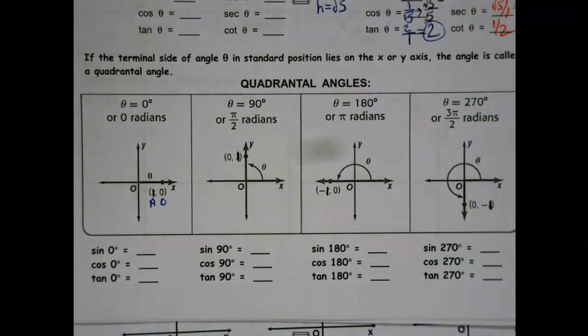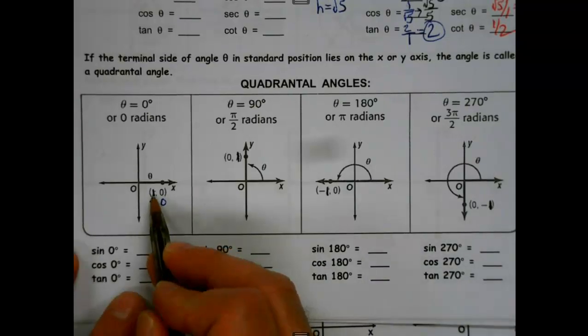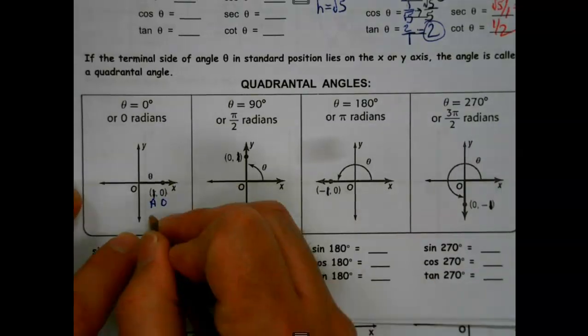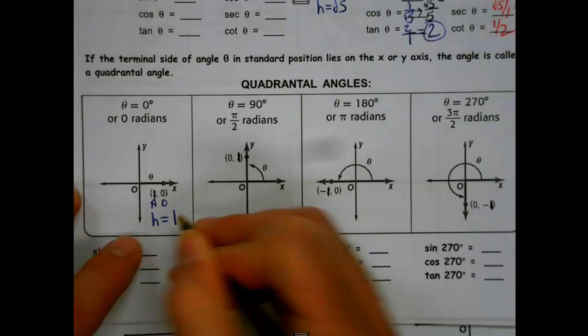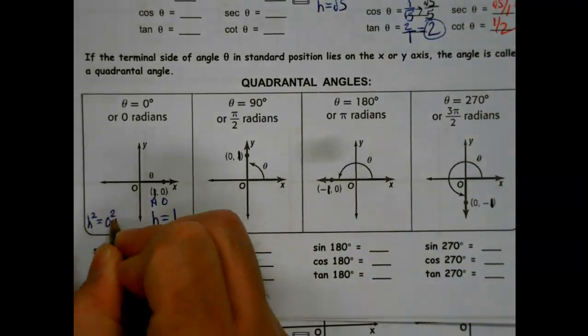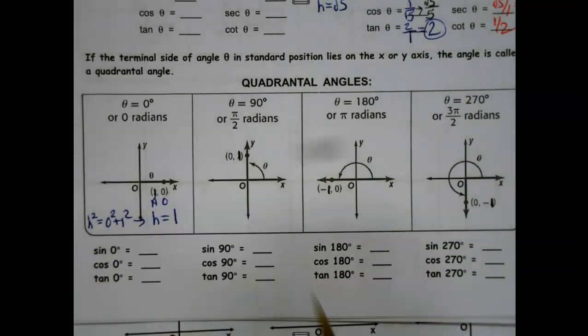That has not changed. My hypotenuse will still be 1 squared plus 0 squared. So my hypotenuse would be the square root of 1 because it's 0 squared plus 1 squared. So I've still got all the same stuff.